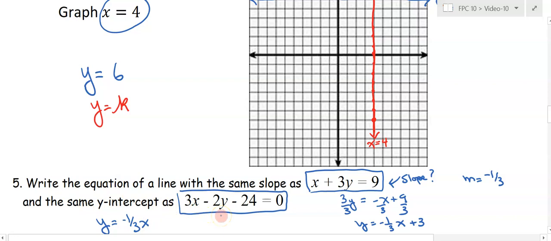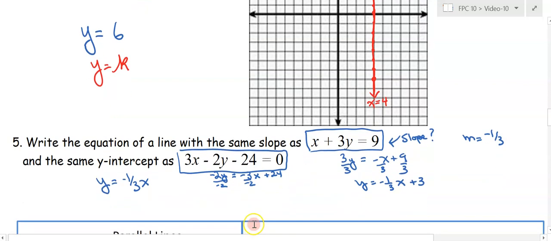So now I need to know what is my y-intercept. So again, I'm going to put it into slope-intercept form so I can figure out what b is. So I'm going to get negative 2y equals negative 3x plus 24. Divide everything by negative 2. y equals 3 over 2 x minus 12.